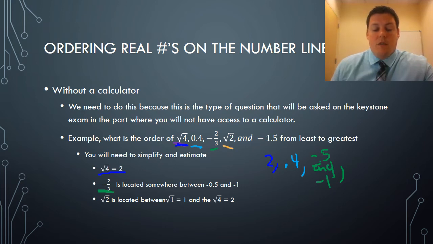Then I have the square root of 2. If I estimate the square root of 2, remember we did this the other day, we want to find the two perfect squares on either side of it, which in this case are square root of 1 and square root of 4. So the square root of 2 must be somewhere between 1 and 2. And then lastly we have negative 1.5.